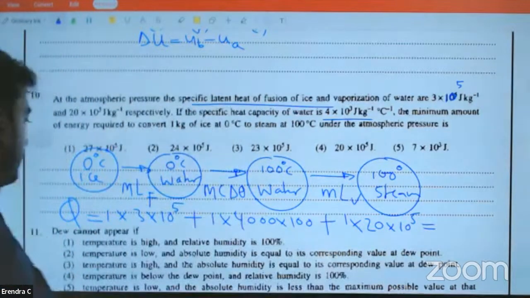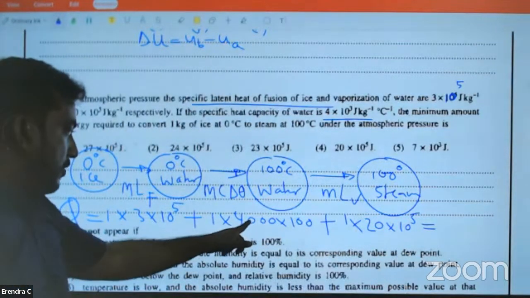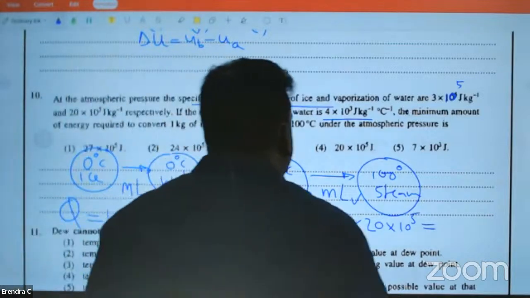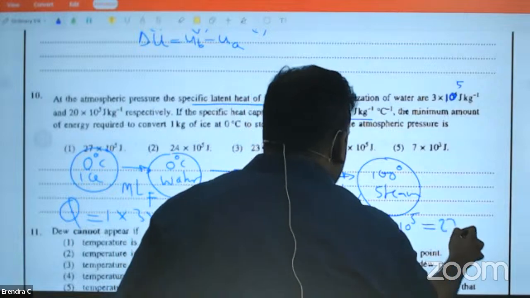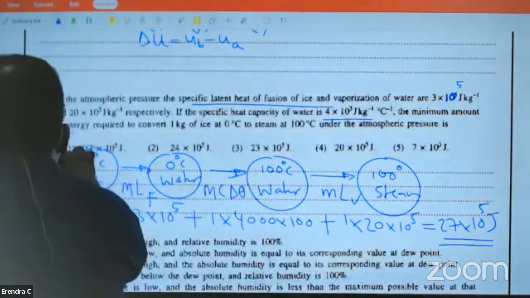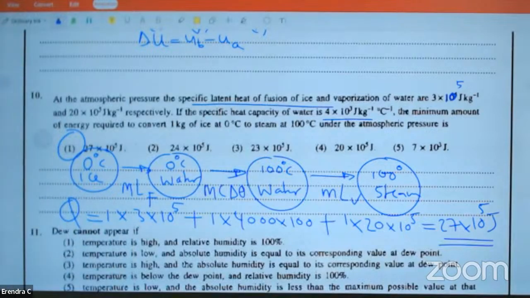Add everything: 4, 3, 7, 7 and 20, 27. 27 times 10 to the power 5 joules. Do you have an answer like that? Yes, answer number 1.